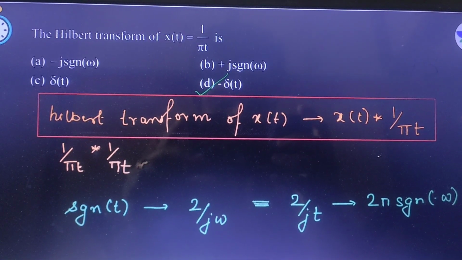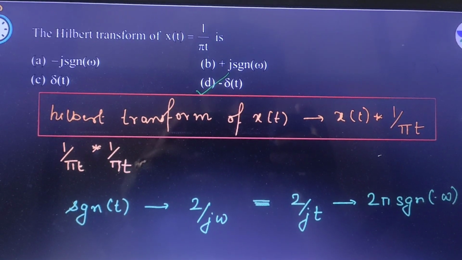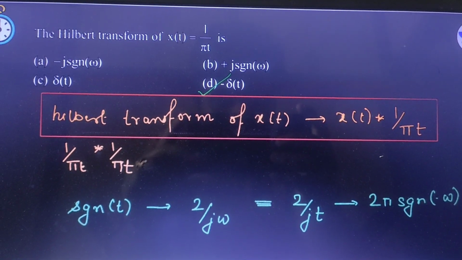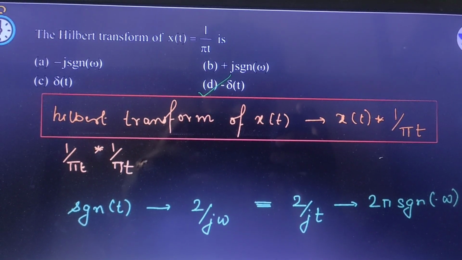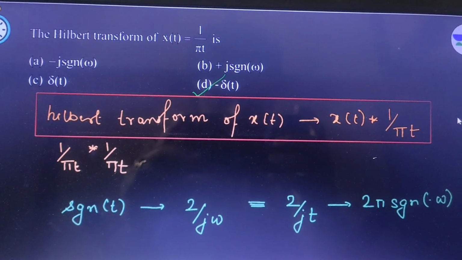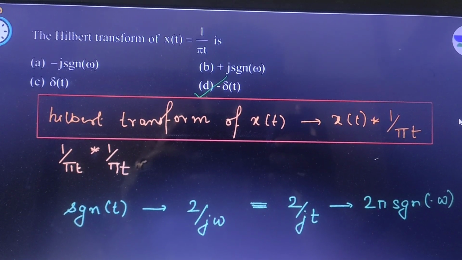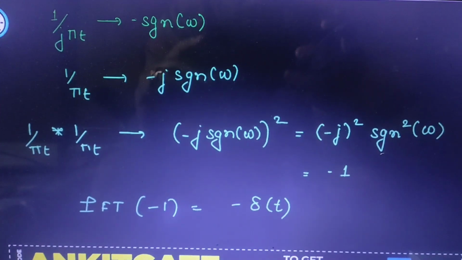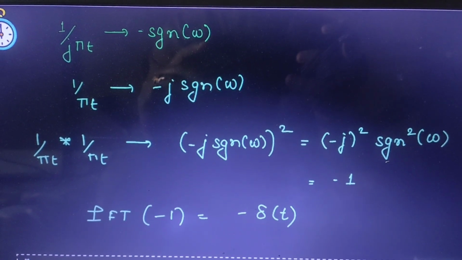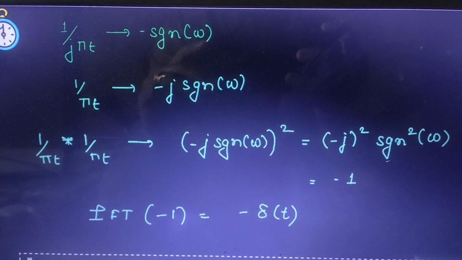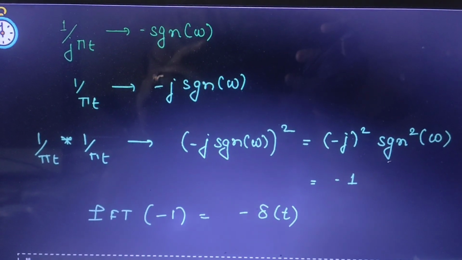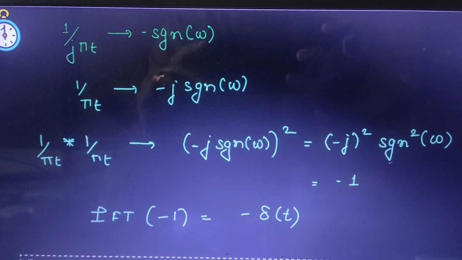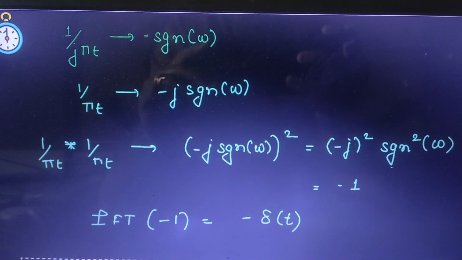Now replace omega with t and t with minus omega and multiply with 2 pi. You will get 2 by jt is 2 pi into signum of minus omega. Here 2 gets cancelled. 1 by j pi t is equal to minus signum of omega. So the transform of 1 by pi t is minus j into signum of omega.